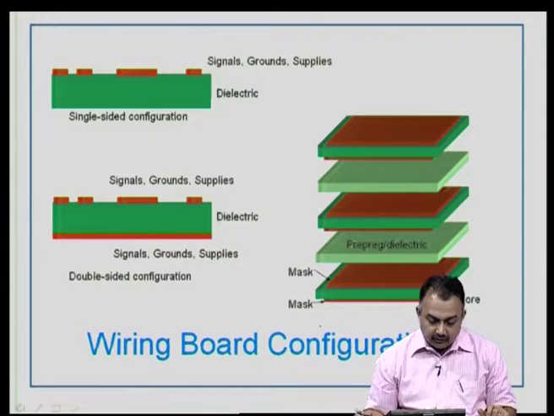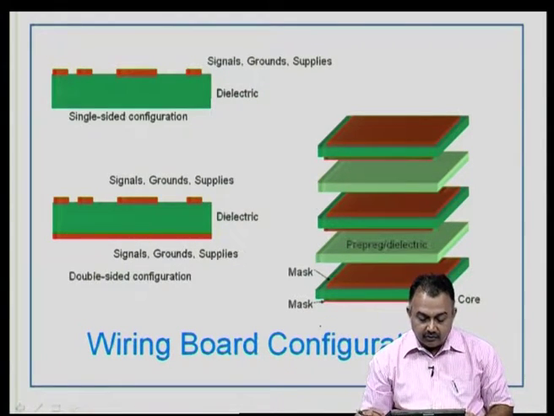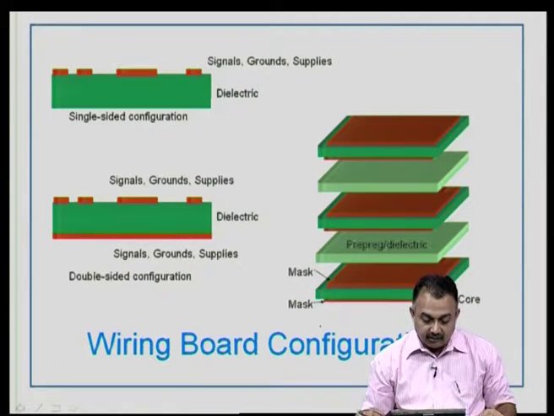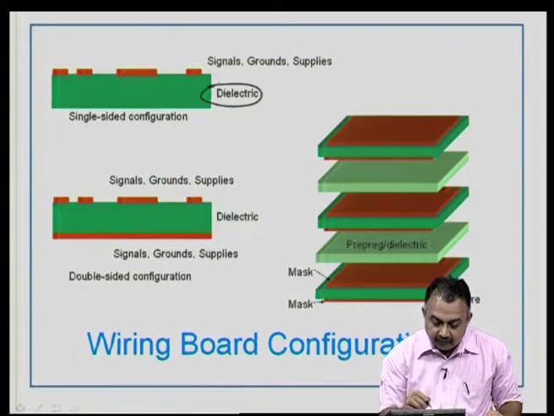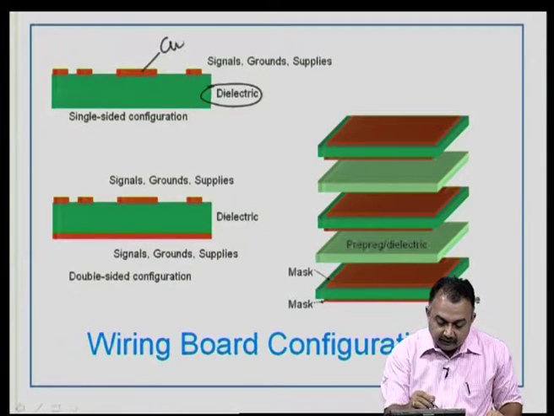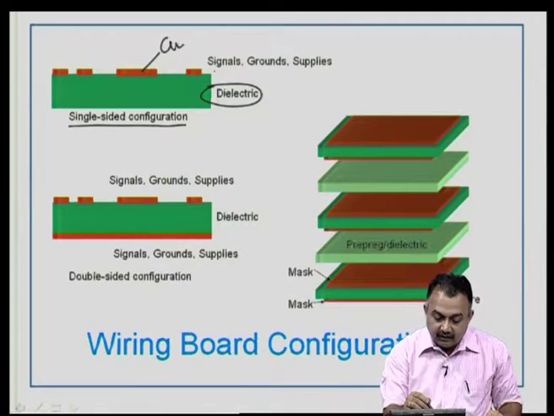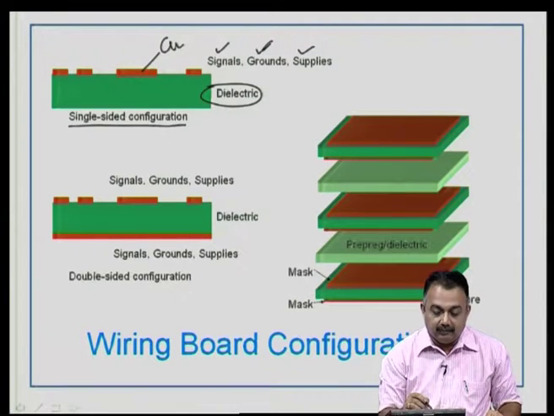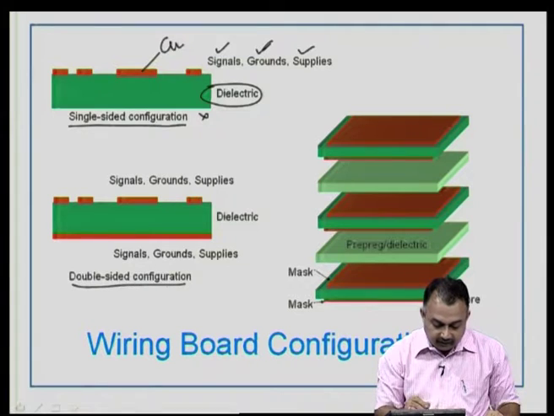Now, the same thing is explained here in a different illustration to help you understand better. You can see here this green layer is the dielectric, and here this is the copper that has been generated. So, this is a single sided configuration, and your signal, ground and supply lines will be on the top layer only. There is nothing at the bottom. Now, in this double sided configuration, there is copper here and also copper here.